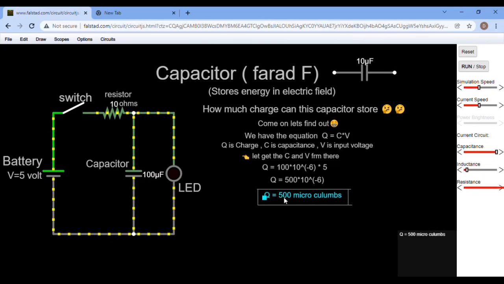So the charge is 500 microcoulombs. This much charge can be stored by this small capacitor. And now you can see here the light has almost gone. Again I'll switch it on, again I'll switch it off, it charged again. I hope you get it.